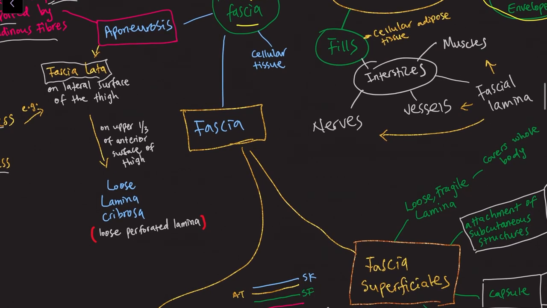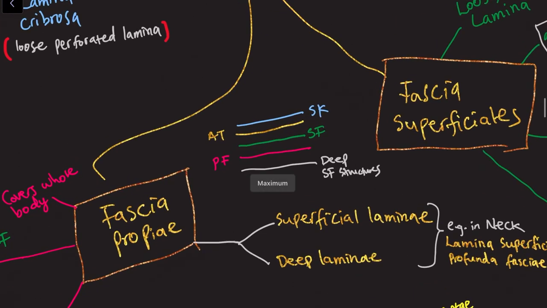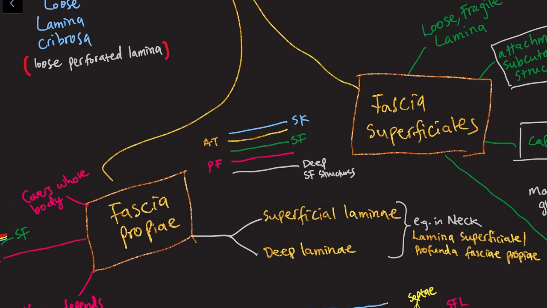Now, about the fascias, we have two different types of fascias, right? As we said in our previous videos, you have the skin, and then you have the adipose tissue, and then you have the superficial fascia, and then after that you have the proper fascia, and after the proper fascia you have the deeper structures, the deep subfascial structures, right?